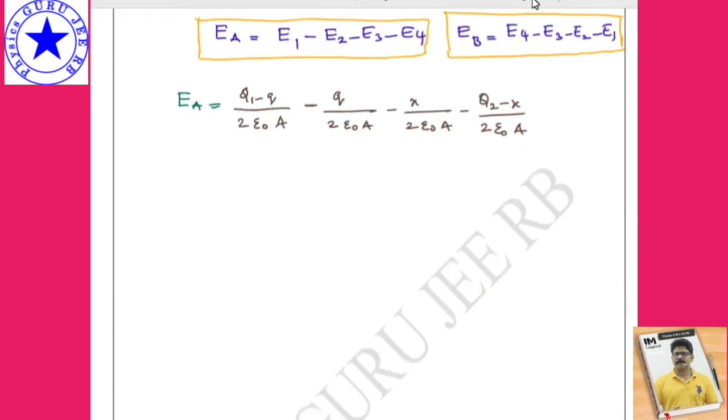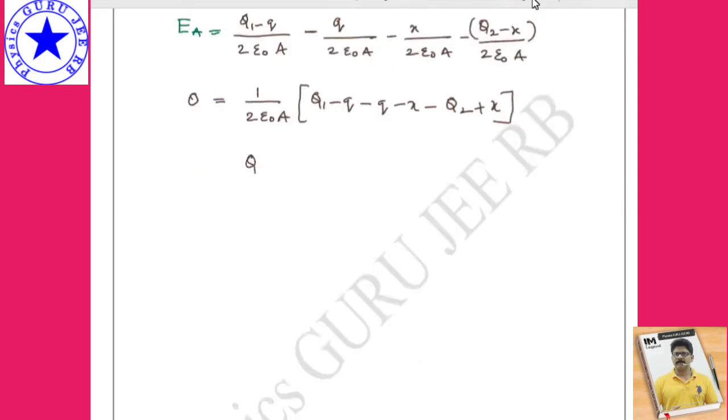Now we can equate this to 0. 0 equals, now what I can do, I can take common 1 by 2 epsilon naught into A. If I take A common, then Q1 minus Q minus Q, minus X minus Q2, minus of minus, here it is plus, so plus X, right. So simply I can write Q1 minus Q minus Q, that is nothing but 2Q.